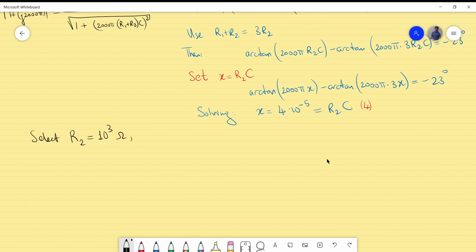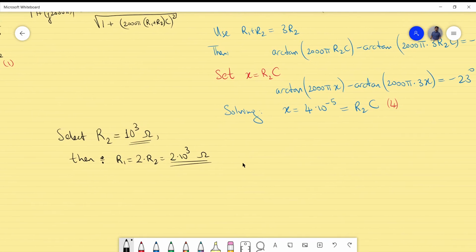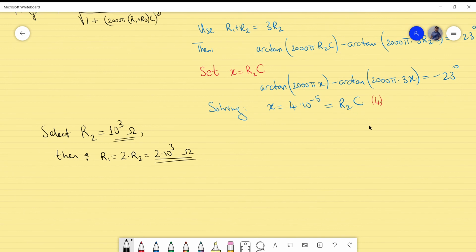Then, if R2 is 1000, I can use this expression, R1 is 2 times R2. Then R1 is 2 times R2, which is 2 times 10 to the power 3 ohms. So I have now actually 2 unknowns already.